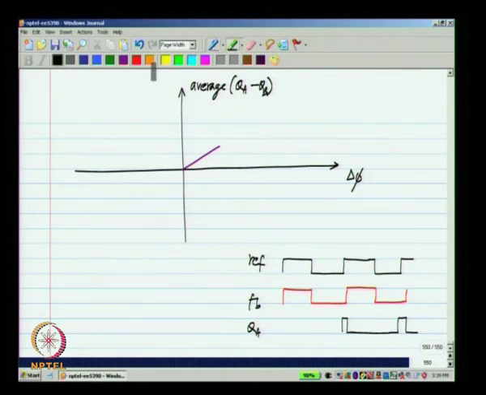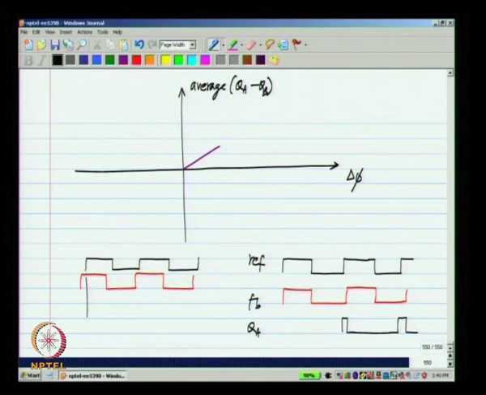Now, what is the maximum phase difference that you can measure? So, let us say the feedback waveform is like this. And the reference waveform is like that.